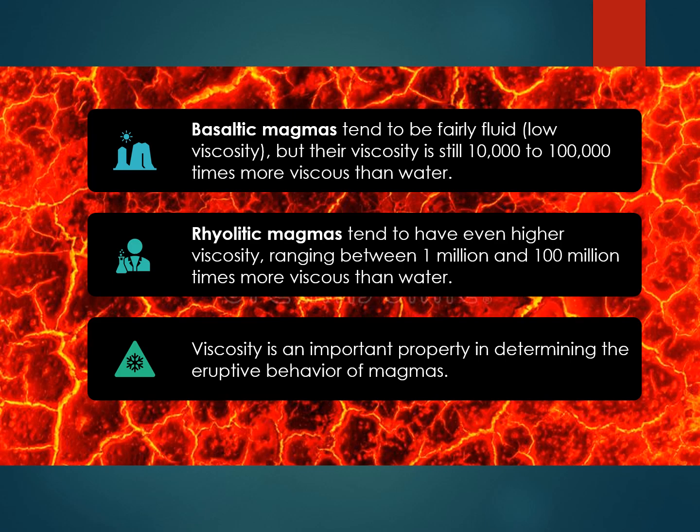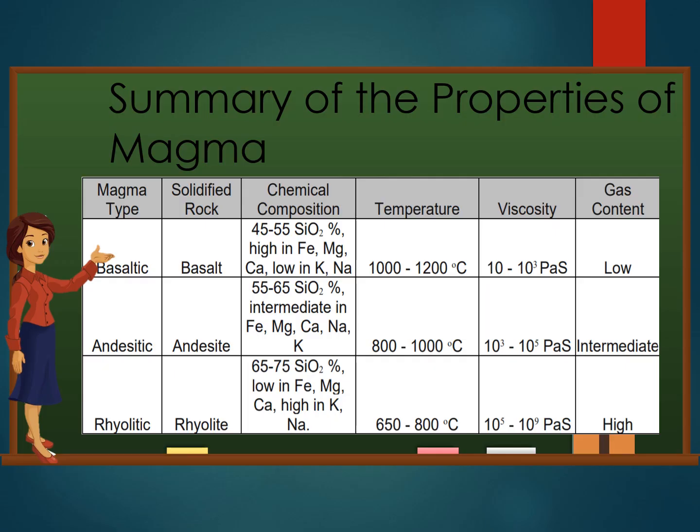Viscosity is an important property in determining the eruptive behavior of magma. This table shows the summary of properties of magma, depending on the magma type, what solid rock it can form, the chemical composition, temperature, viscosity, and gas content.